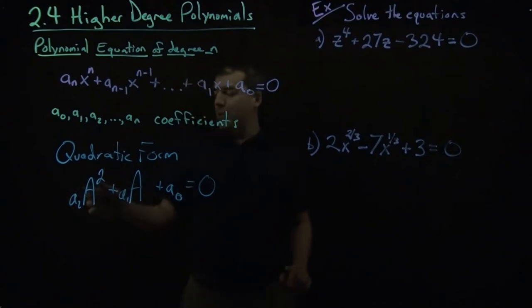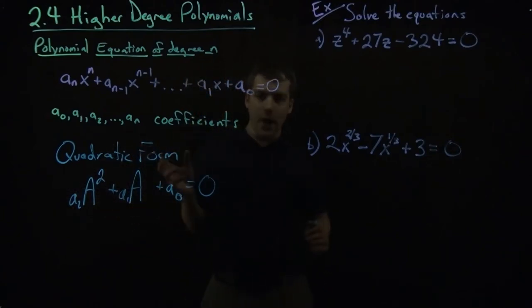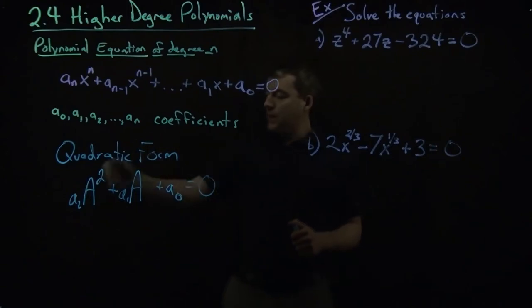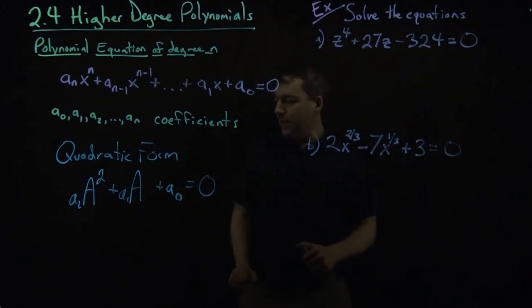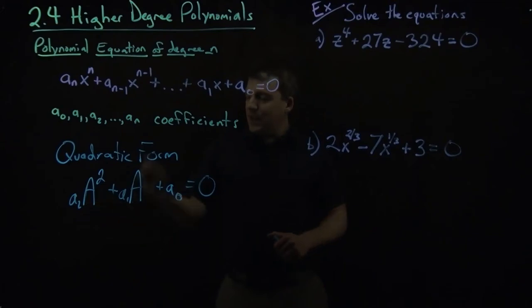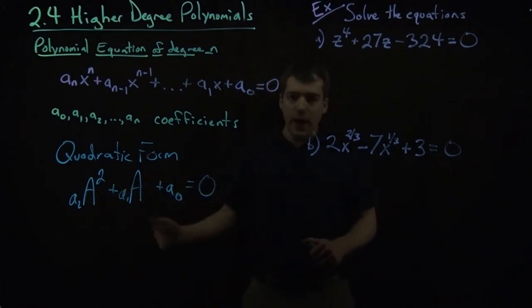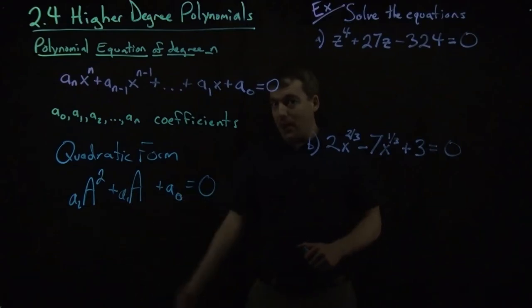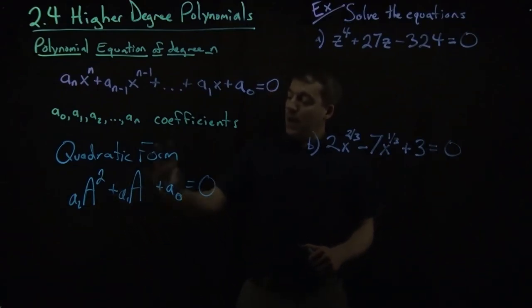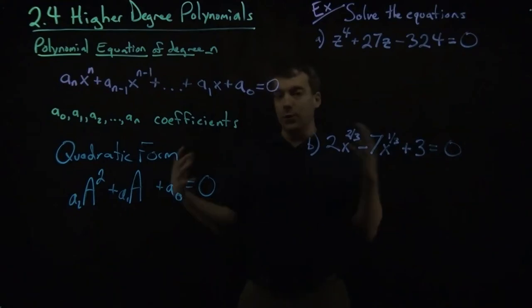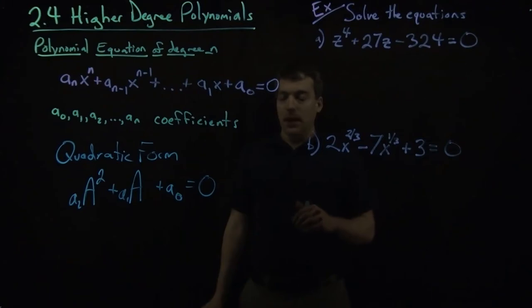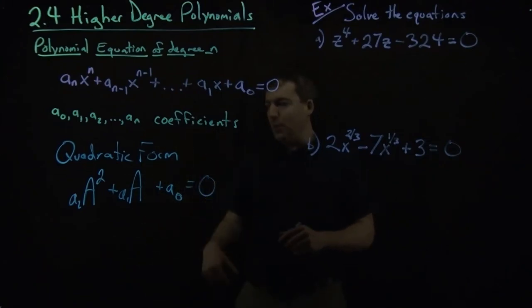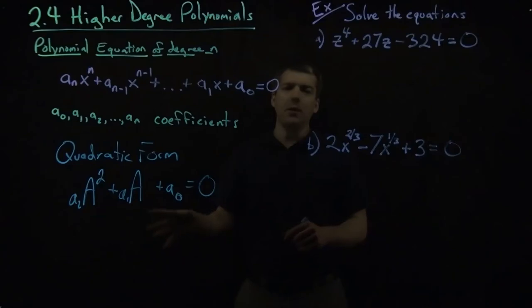So we have just some coefficient times A squared, where A is some algebraic expression. This can then be solved like a quadratic. We could use the quadratic formula, we could factor, whatever. And once we have capital A equal to some number, we can then solve for the variable. So we want to solve this and then make our replacement for A. Let me illustrate that with an example.